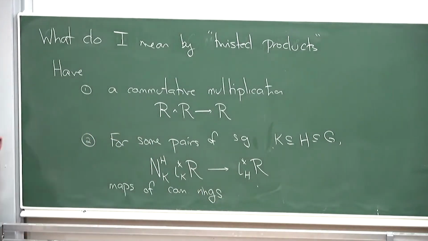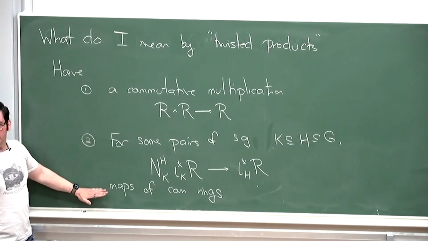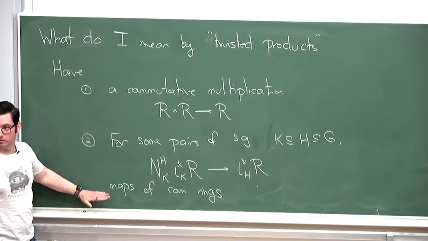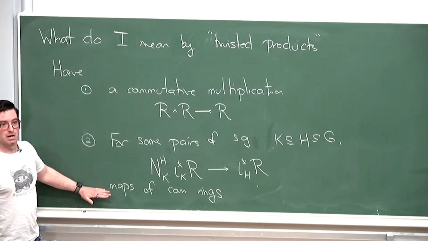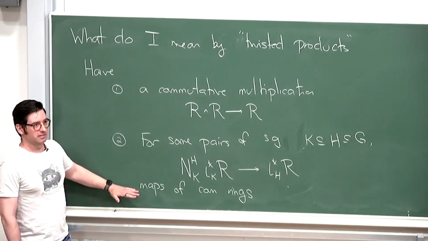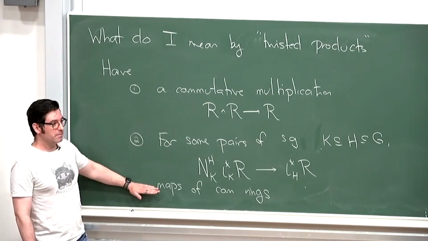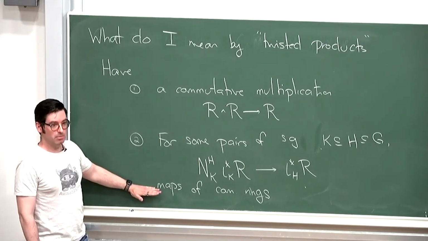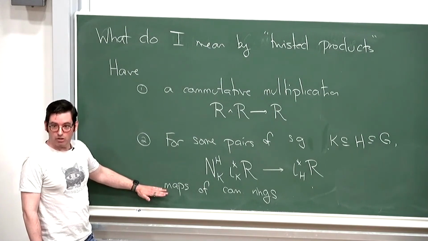Now I'm lying here in a very bad way. When I say commutative in both this line and in this one, I mean that I have a coherently commutative multiplication. So I'm drinking the infinity Kool-Aid. In the more traditional language, I mean that I have an E-infinity multiplication, where the group is acting on my E-infinity operad trivially.